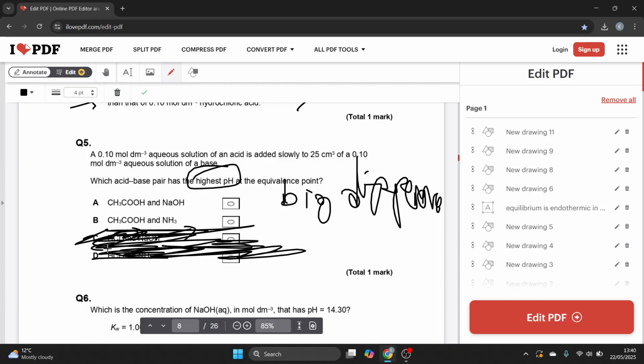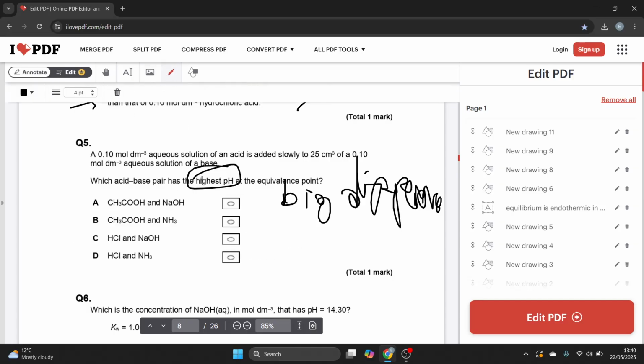Ethanoic acid, again, is a weak acid, but sodium hydroxide is a strong base.